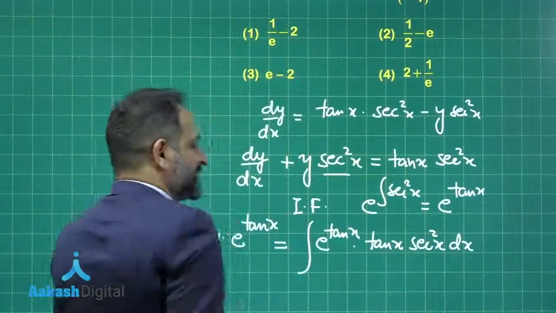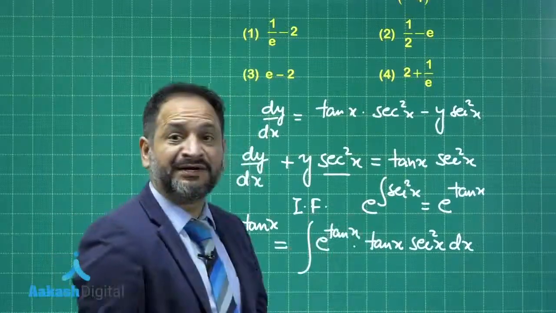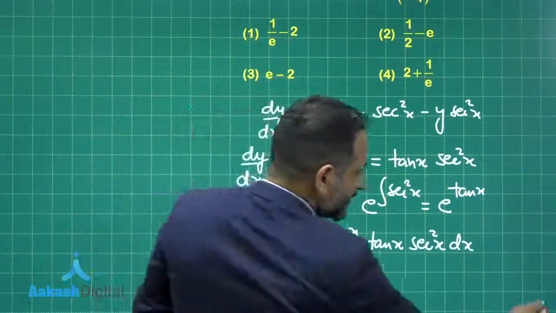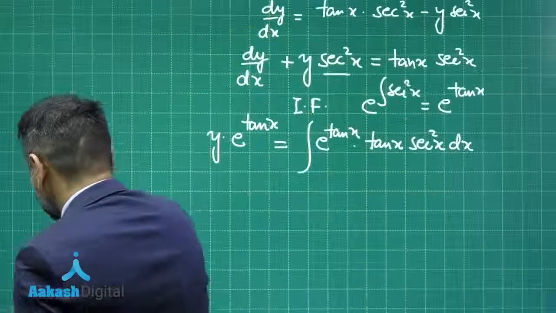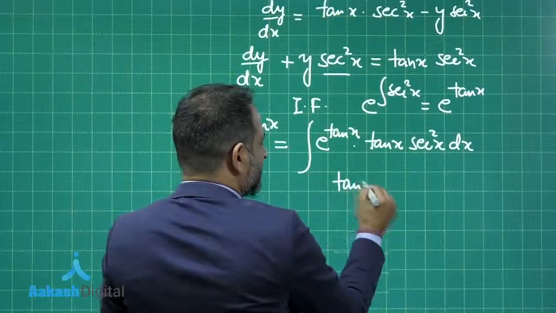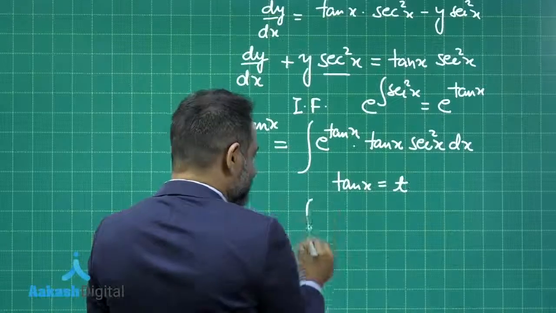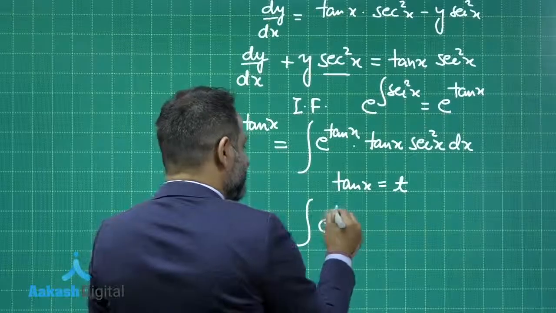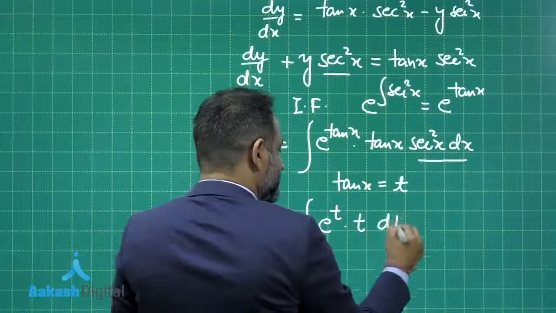Now, this integral needs a substitution, a very small substitution. If we put tan x equal to t, you can see the derivative of tan x is sec²x. So, by putting tan x equal to t, this integral will be e raised to the power t into t dt.